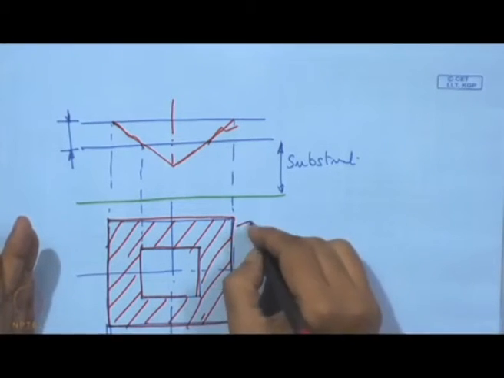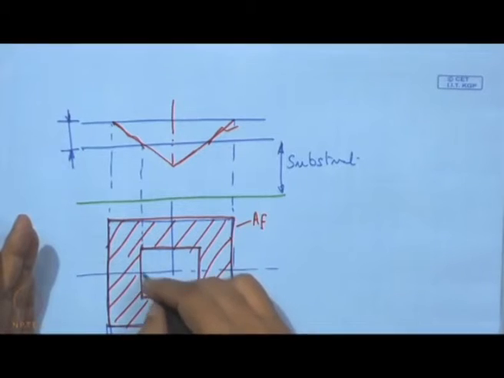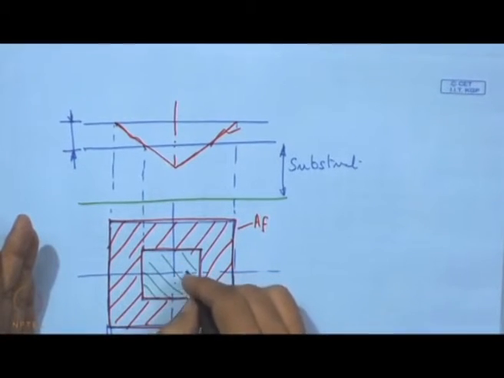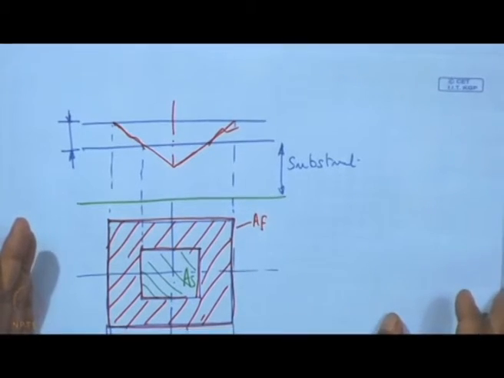That means, this area is actually A f, and what is H s? H s is actually the hardness of this substrate, and this area is actually A s. So, this is A s and this is A f.